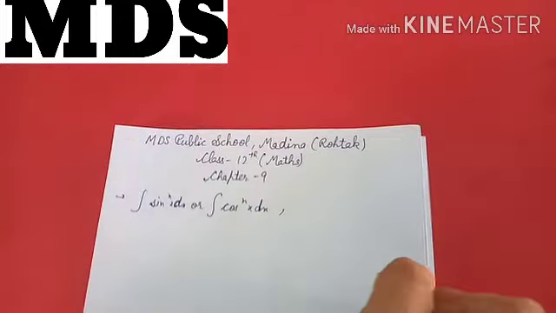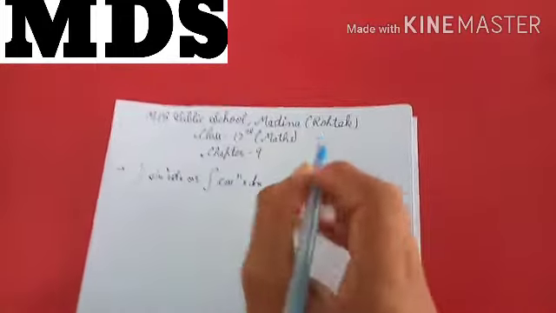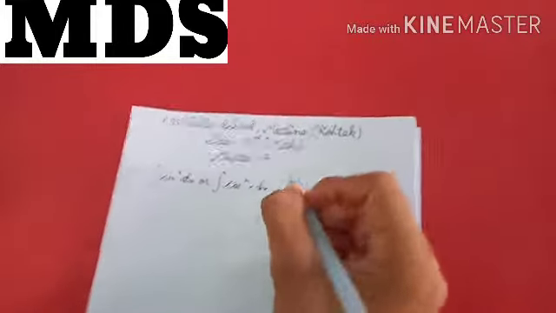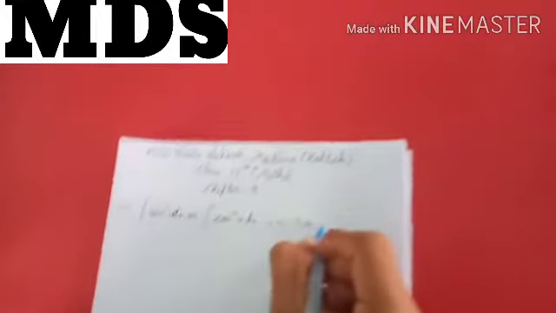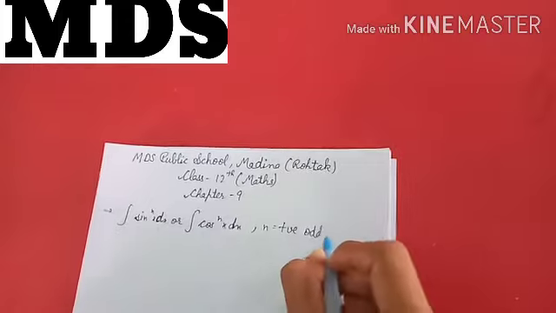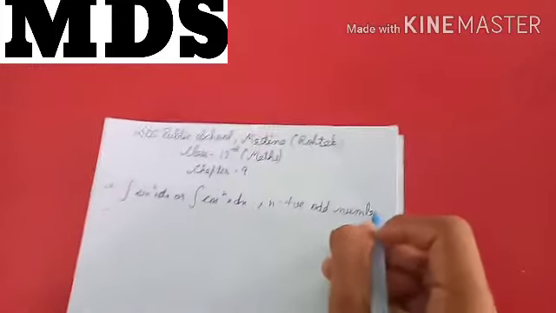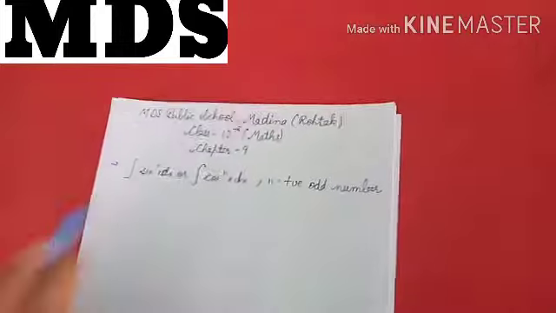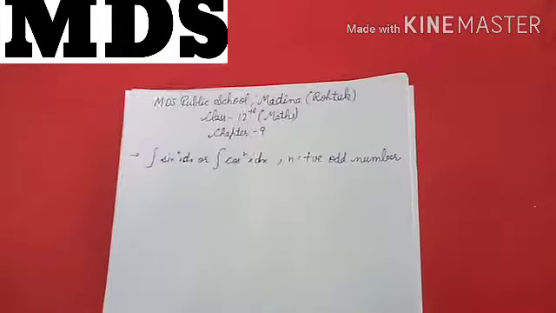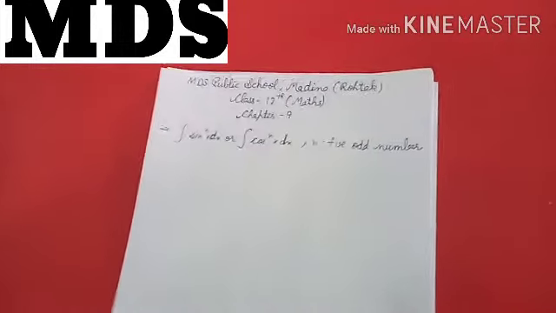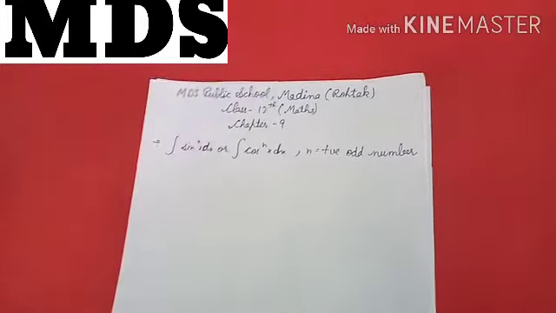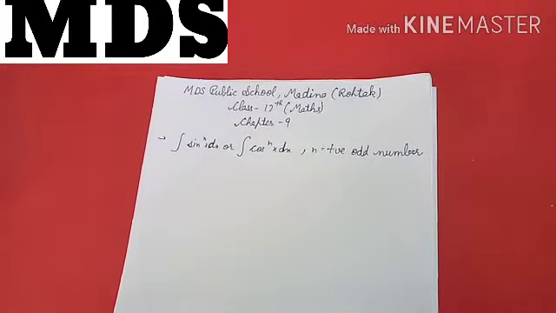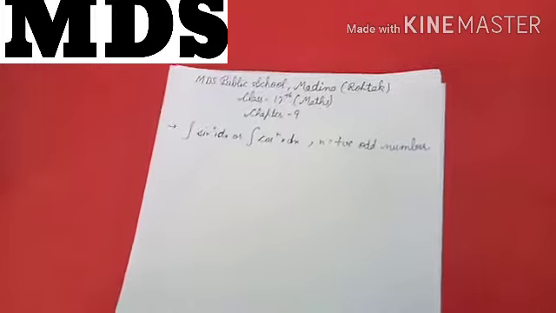Also one more thing that is given to us here is that n is a positive odd number. Okay, if it is there, then this we have to do. So how are we going to do it?